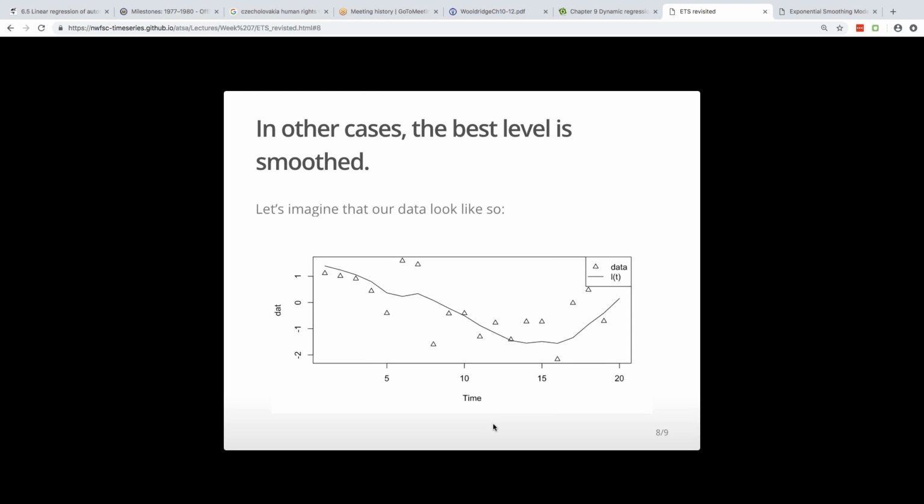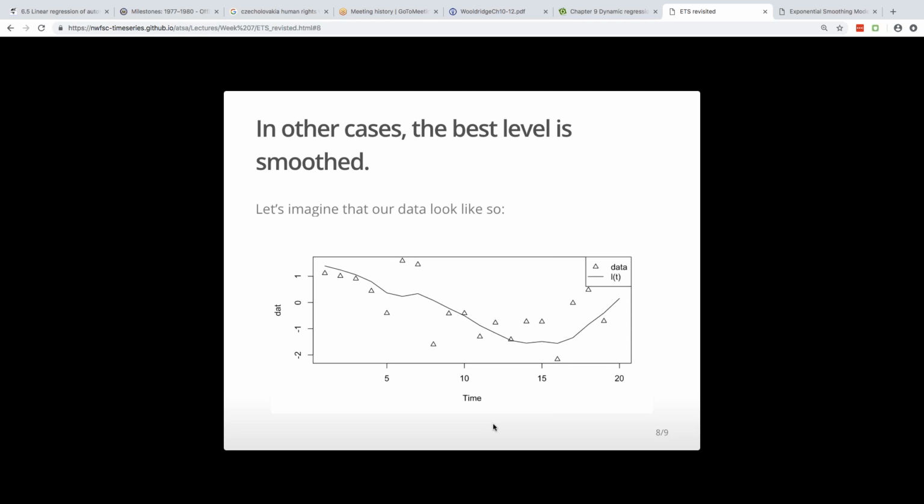And now you think, okay, well, what trend should I be using? Well, I should be using these trends, really. I should be using the trends from the smooth estimate here. And that's what it's doing.